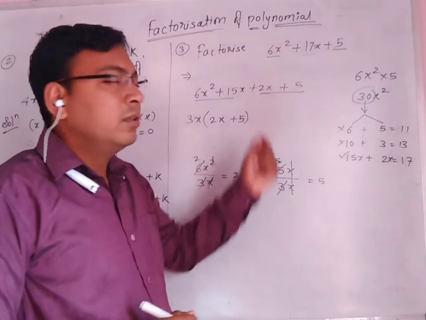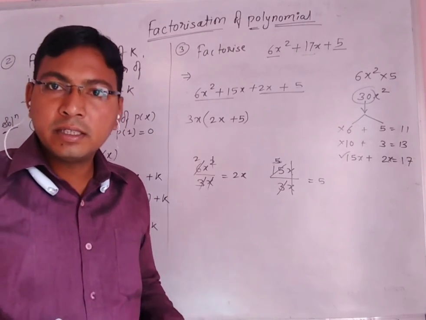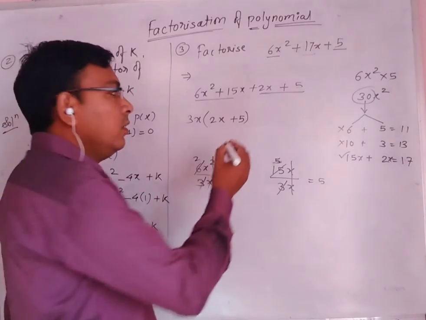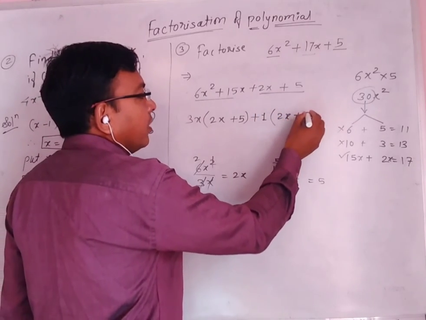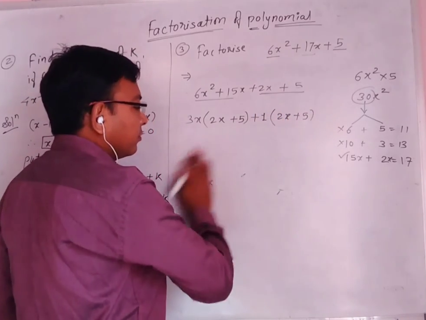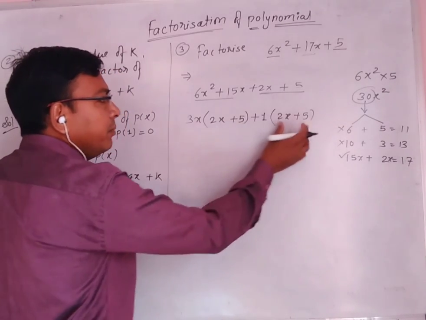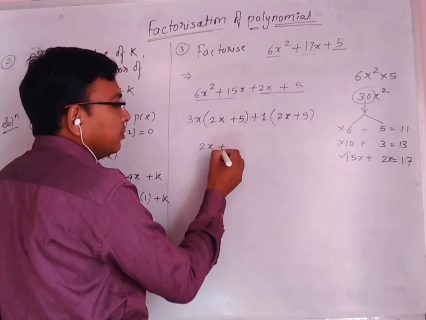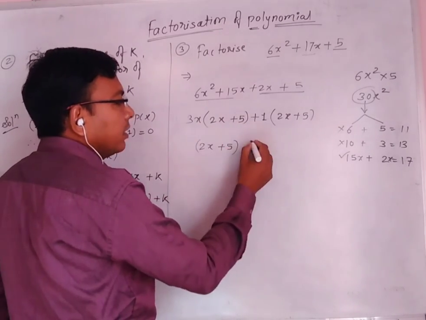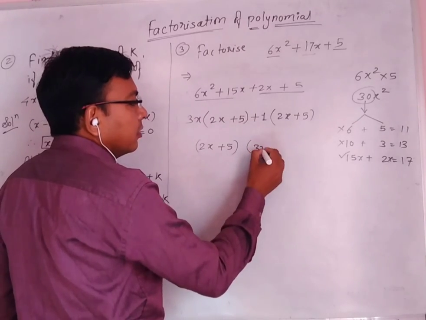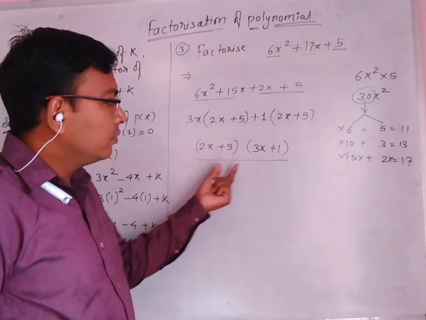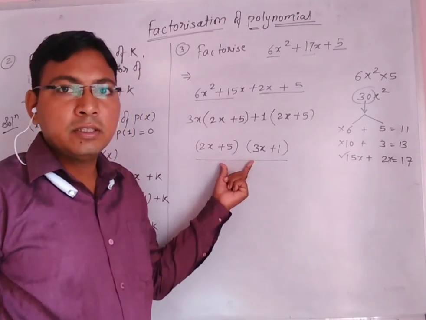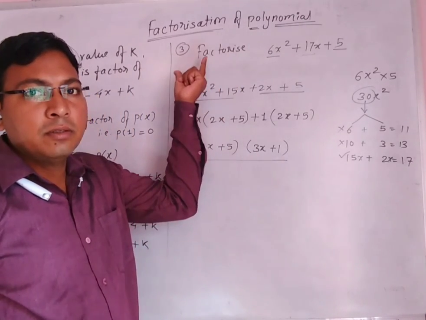From these terms there is no common factor, so at that time we take only 1 common. So 1 times 2x plus 5, keep as it is. The common bracket is written first, 2x plus 5. The uncommon bracket is 3x plus 1. So 2x plus 5 and 3x plus 1 are the factors of this polynomial.